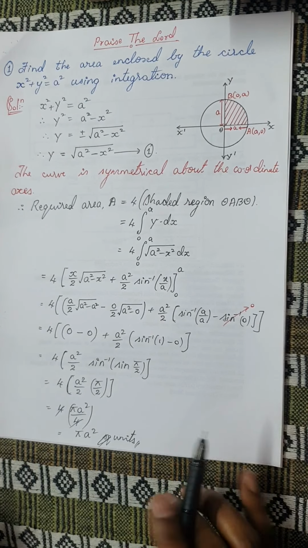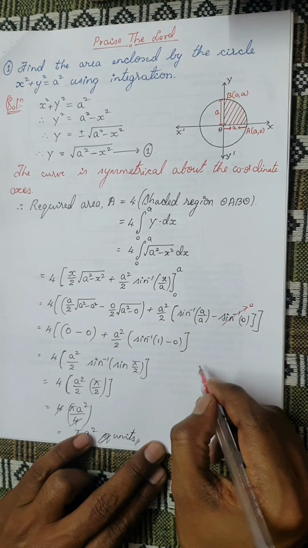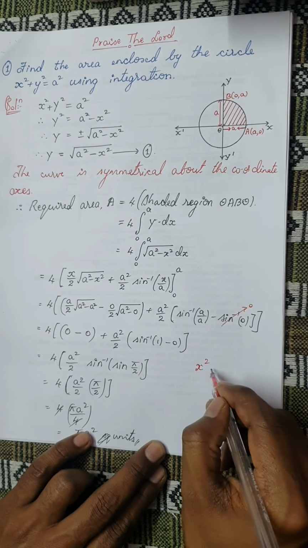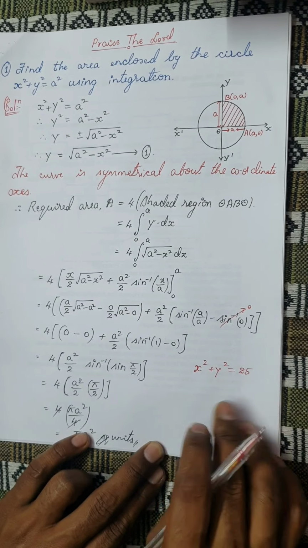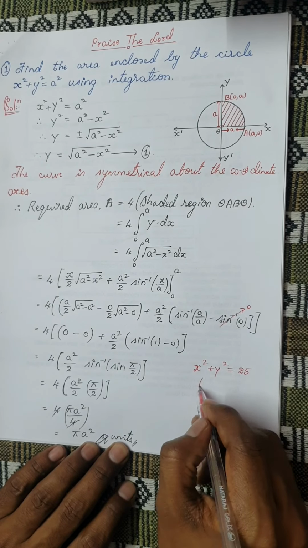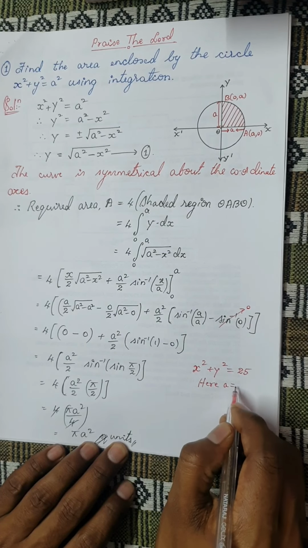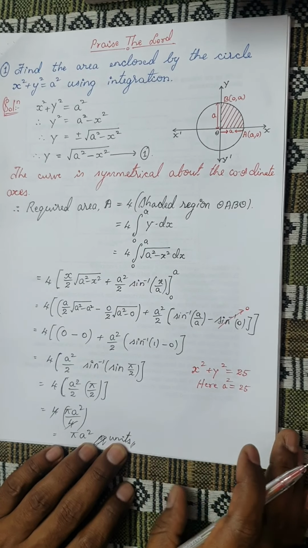Now sometimes he may ask you to, and hence, find the area of the circle. He may say x square plus y square is equal to 25. You may see that here a square is equal to 25.